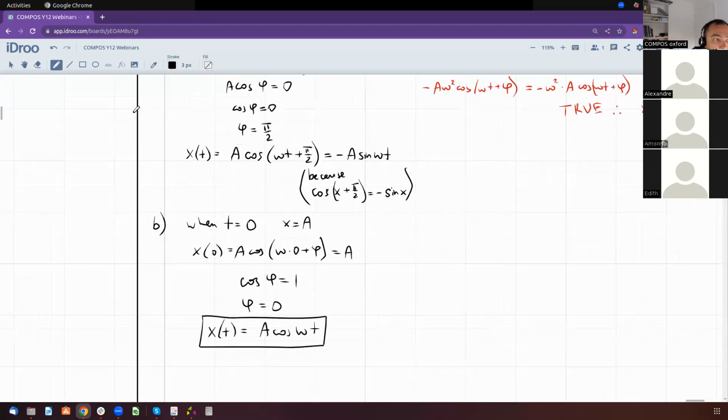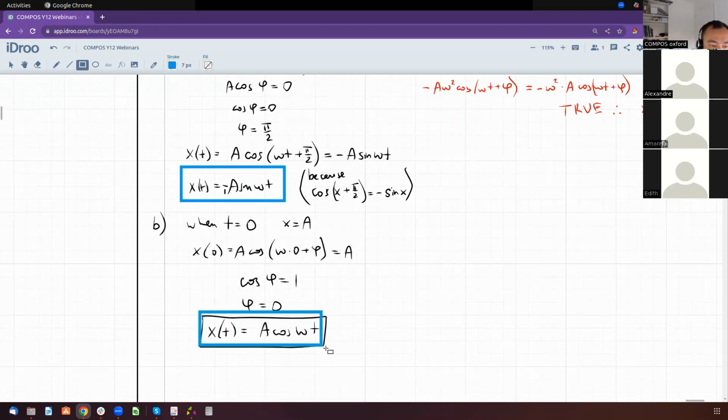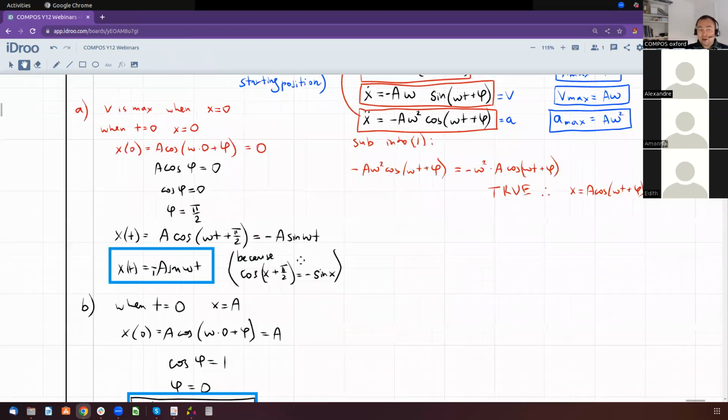And the previous one was x of t equals minus a sine omega t. Right. So these are the solutions. So the phi determines where you start the oscillation, where you start the cycle.